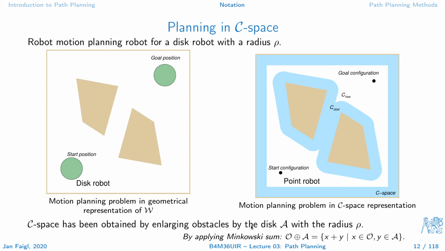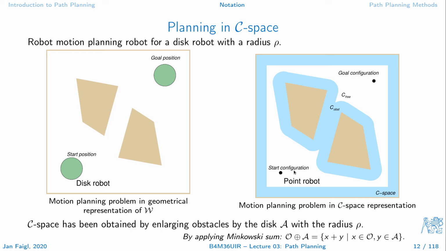And this can be done by Minkowski sum. Basically, we enlarge obstacles by the disk that represents the shape of the robot. And now we actually plan for a point robot, which significantly simplifies things.